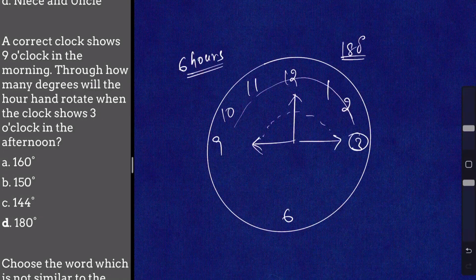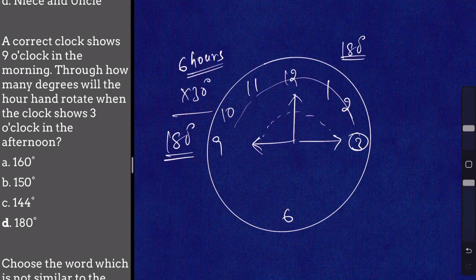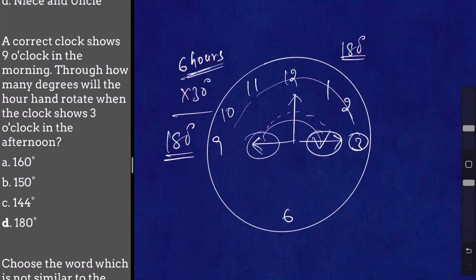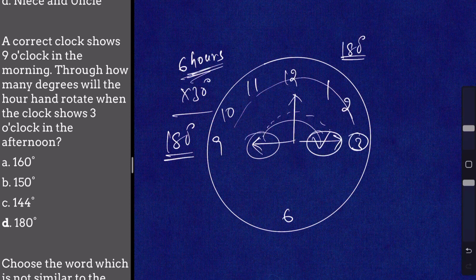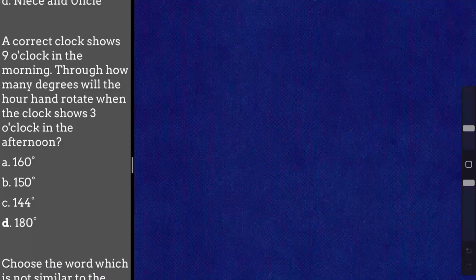So it has traveled 6 hours, and every hour is nothing but 30 degrees. So 6 multiplied by 30 would be 180 degrees. These type of questions you can easily answer just by imagining a clock hour hand moving from 9 to 6. You don't even have to do this calculation. Anyway, 180 is in fact the right answer.